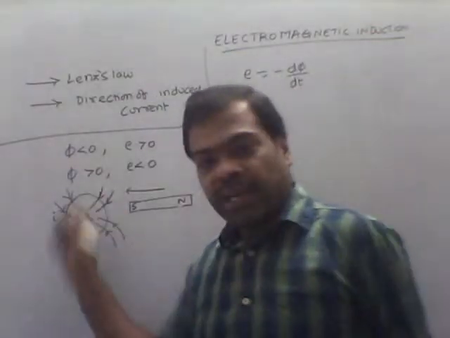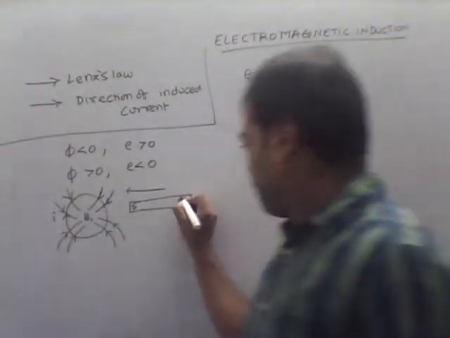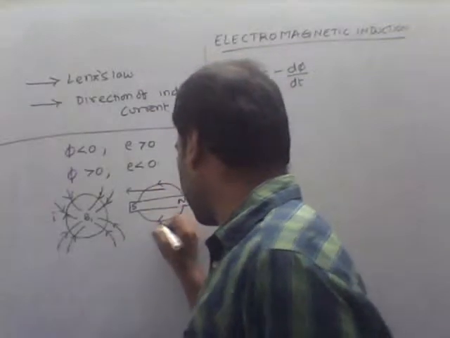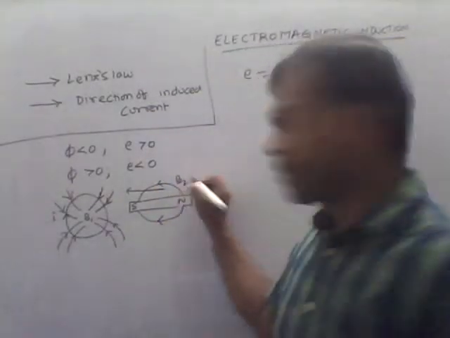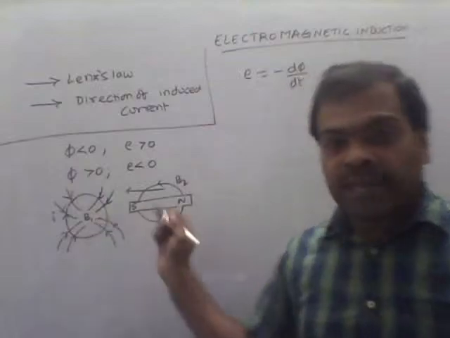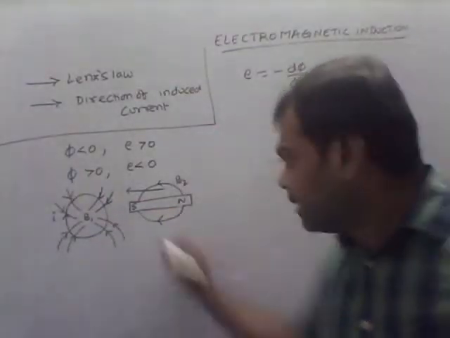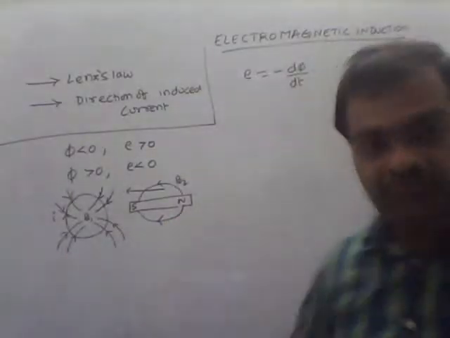Whenever we have the magnet, we have magnetic field lines like this, so we have B2. This B1 will repel the magnet, such that the magnet will move away.